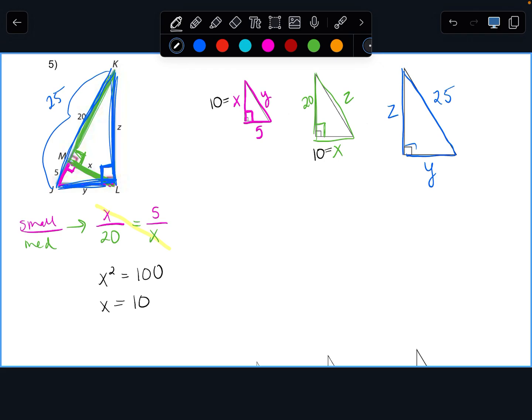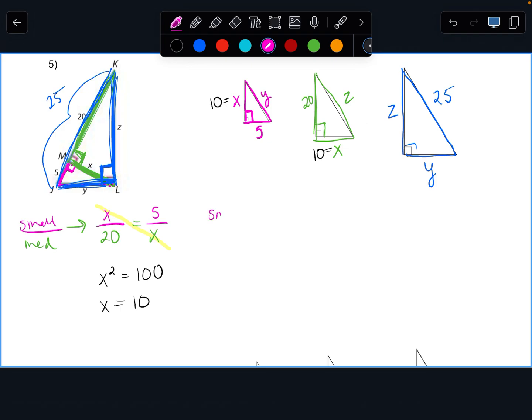You can try to get those ones. So for this one, here we have 10 and 5, so you could get, well, wait, what am I doing here? Oh, you could do, yeah, the pink and the blue, because you can do the short legs and the hypotenuse with the pink and the blue.